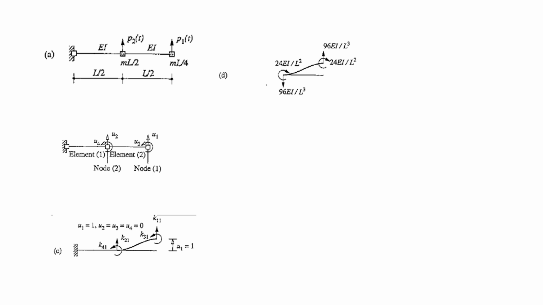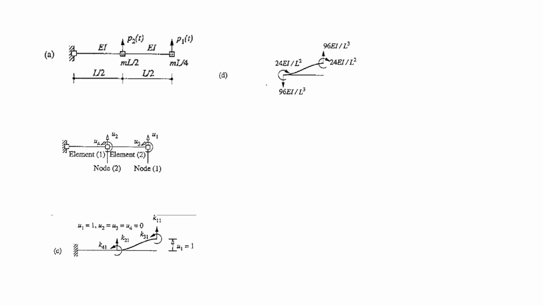Now here it's given in this figure. Now these are 24 EI by L square, and another that's a rotational force that is required to have a unit displacement. The translation is 96 EI by L cube.